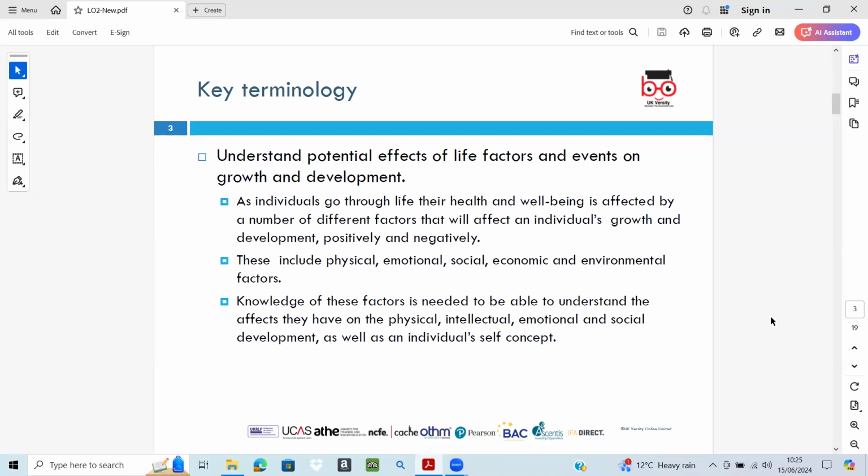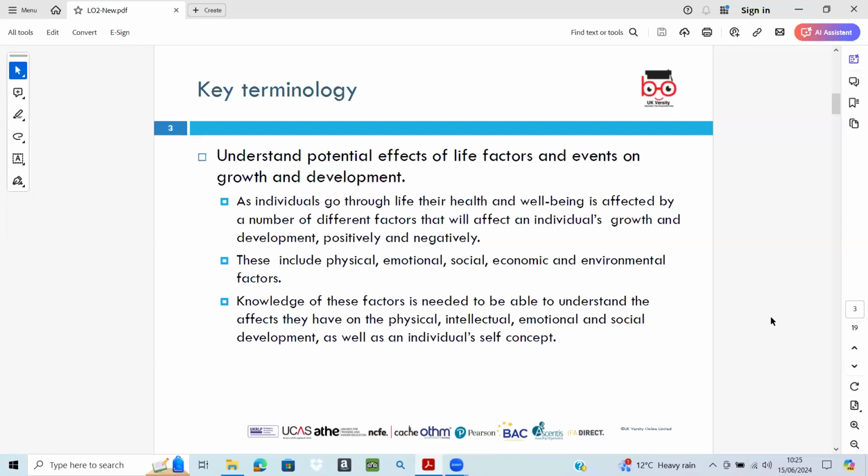Okay. So now, as we have gone through some examples of these factors, we can say that understanding all these key terminologies and how different factors impact development is essential for gaining a comprehensive view of human growth.